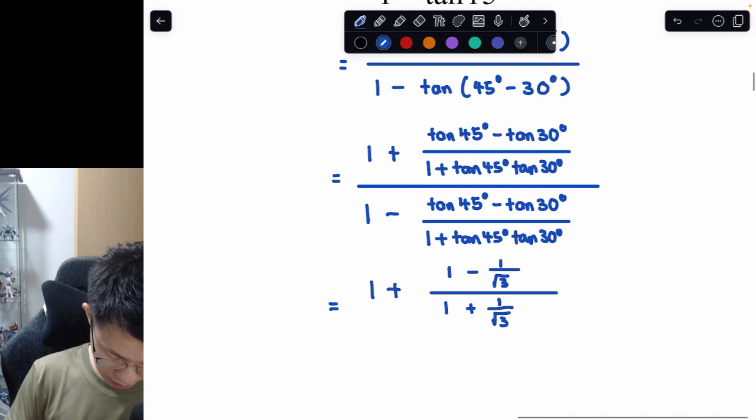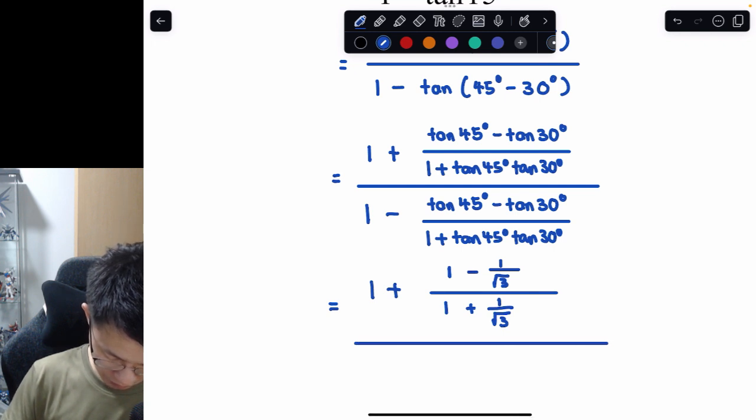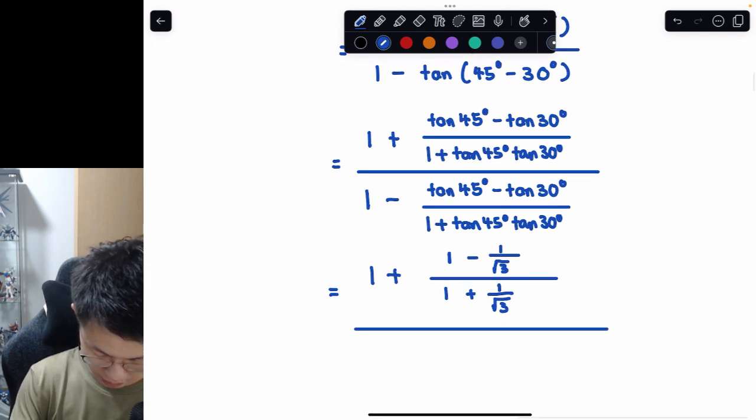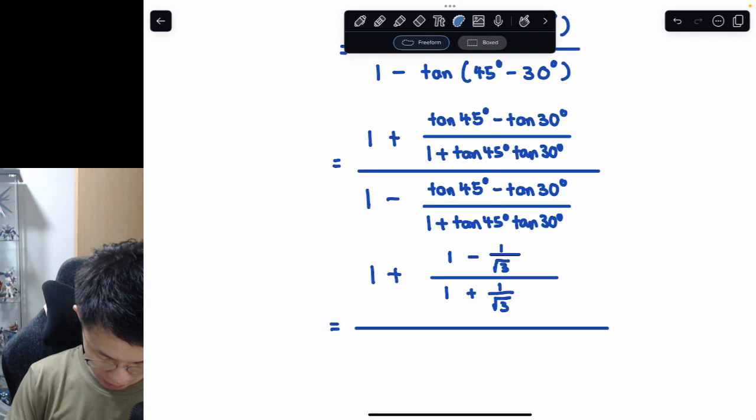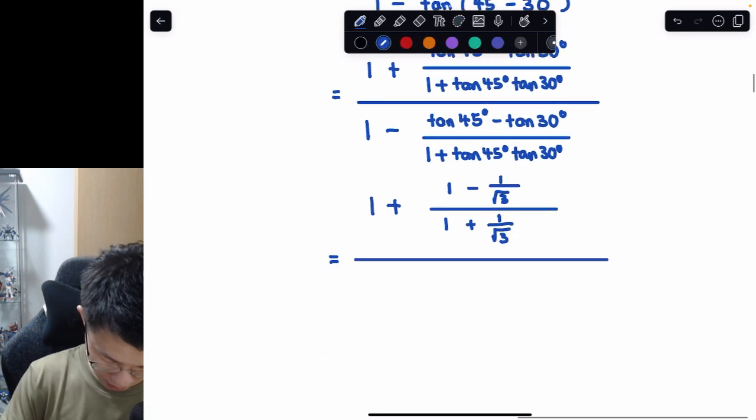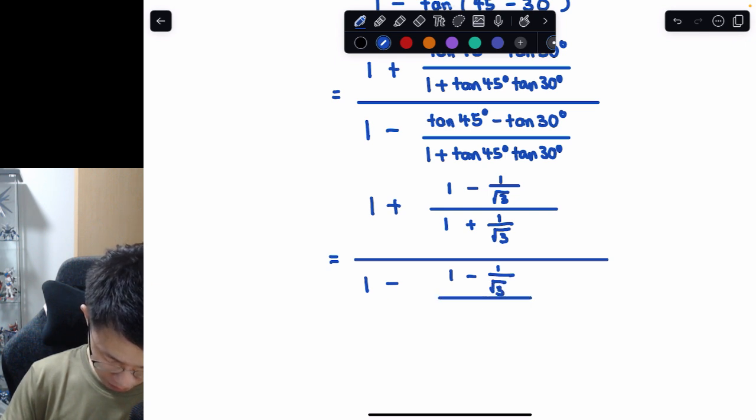From here, we have a very big fraction. Not to worry, it's still doable, it's just a bit problematic. We'll have 1 minus 1 over square root 3 divided by 1 plus 1 over square root 3.